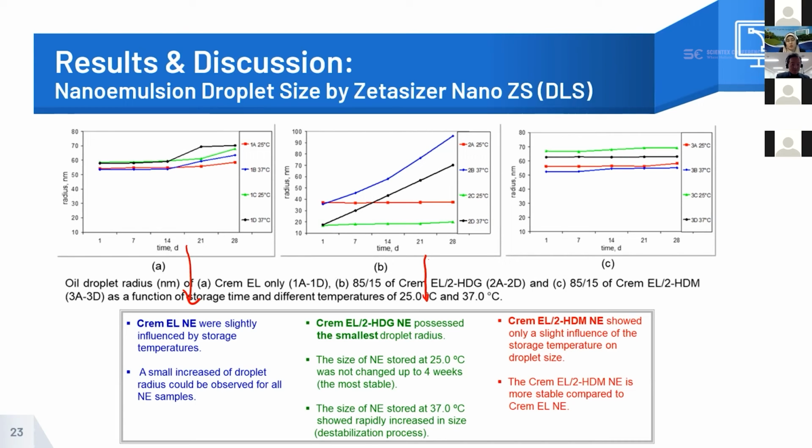The size of the nanoemulsion stored at 37 degrees rapidly increased, which shows a destabilization process. Finally, the third one, Cremophor EL mixed with 2-hexadecyl maltoside nanoemulsion, showed only a slight influence of storage temperature on droplet size. However, it is more stable compared to the model nanoemulsion of Cremophor EL only.